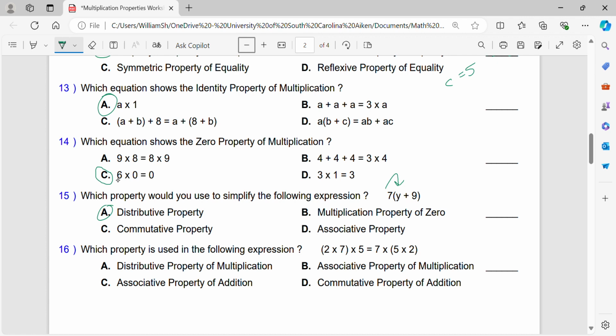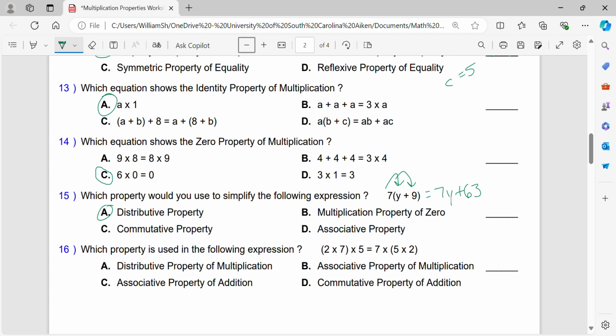Anytime we see a number multiplied by something in parentheses, hopefully we're thinking distributive property here. Because if I were to use the distributive property here, I'd get 7 times y gives me 7y, and 7 times 9 gives me, this is where those multiplication facts kick in, right? 7 times 9 gives me 63. Gotta know it. Don't need to be able to type it on your calculator, just need to be able to, boom, write it down on a sheet of paper.